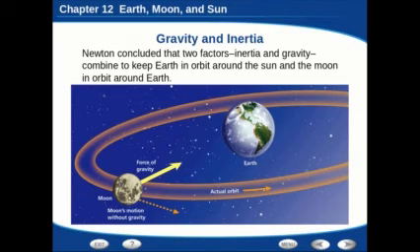This way. It would just keep following this path right here. See that orange dotted line? Boom, it would just follow that path. However, the Earth is there. So the moon is being pulled by the Earth. So instead of going this way, it goes this way. It splits the difference, right?